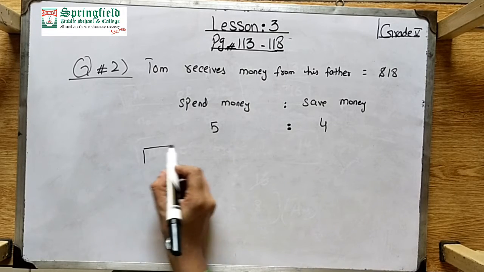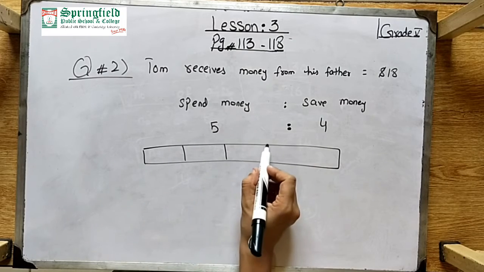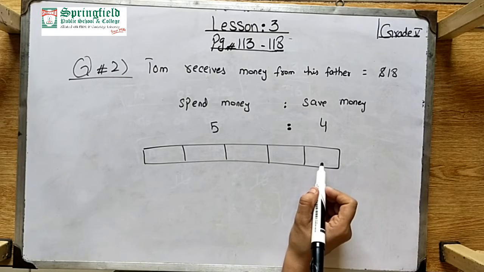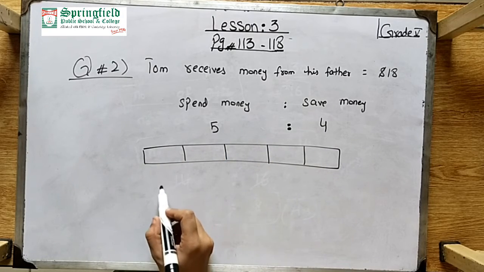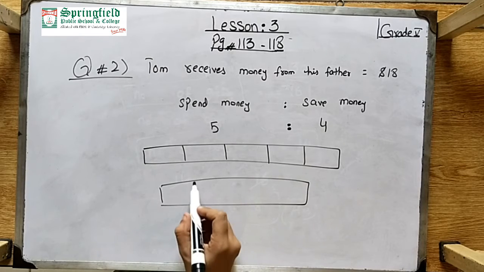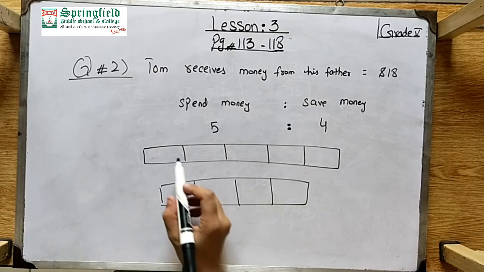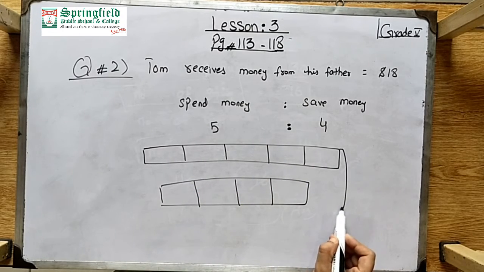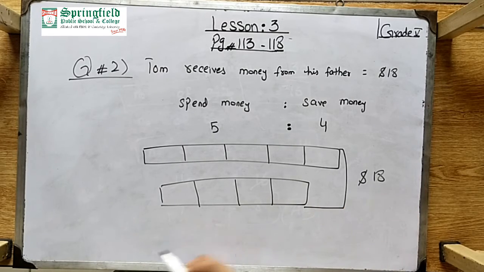You can represent this by blocks. So 1, 2, 3, 4, 5, and 5 is spend money, and 4 is save money: 1, 2, 3, 4 units. So the total units have $18.